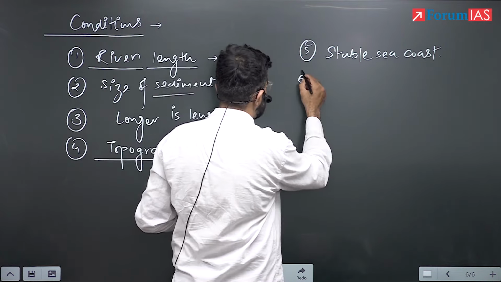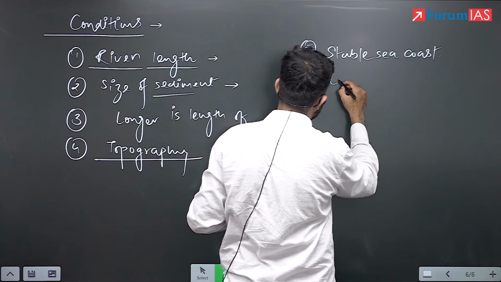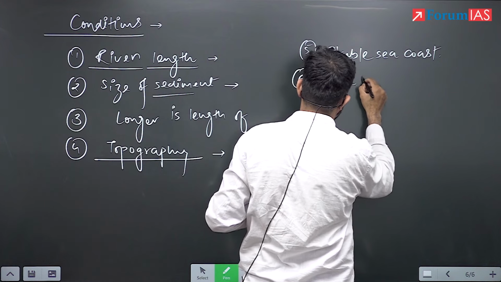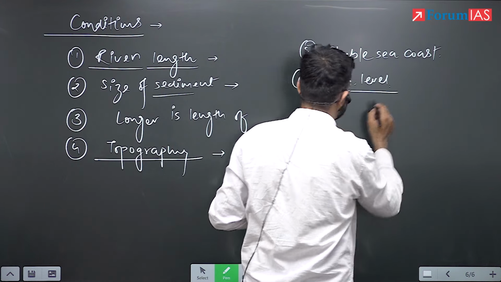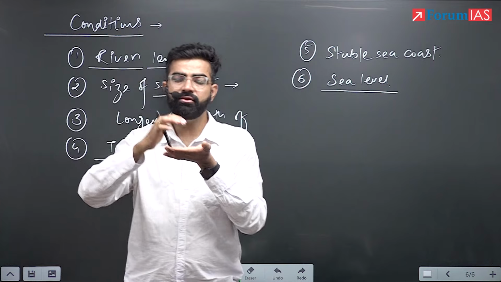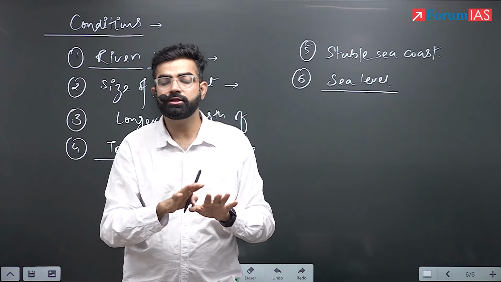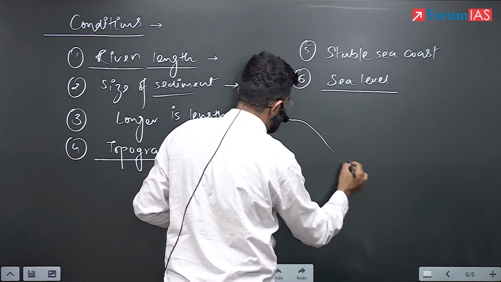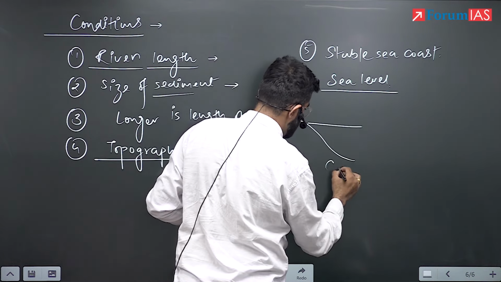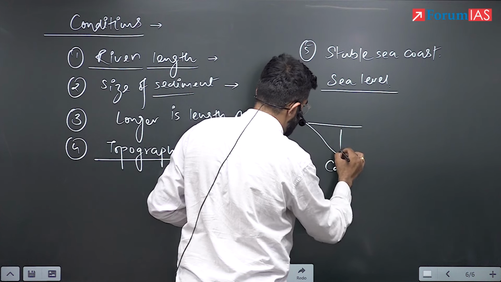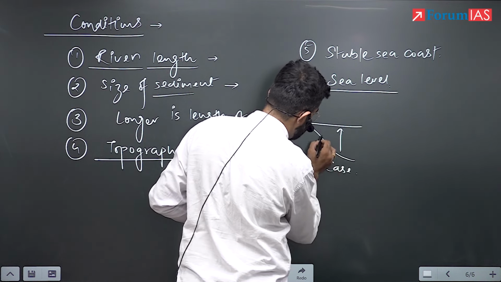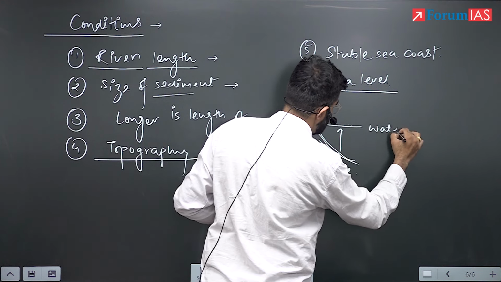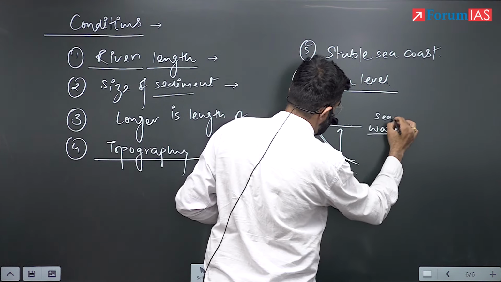The next thing is, we also need a low sea level. The sea level where the river is entering should be towards the lower side. For example, let's take two cases. In case number one, you can see this much is the depth of the continental shelf here. This is the water table or the sea water level.